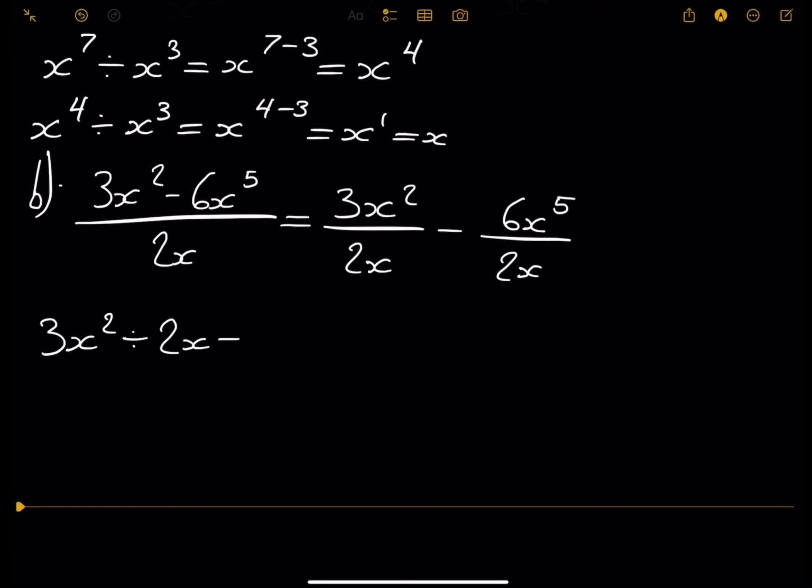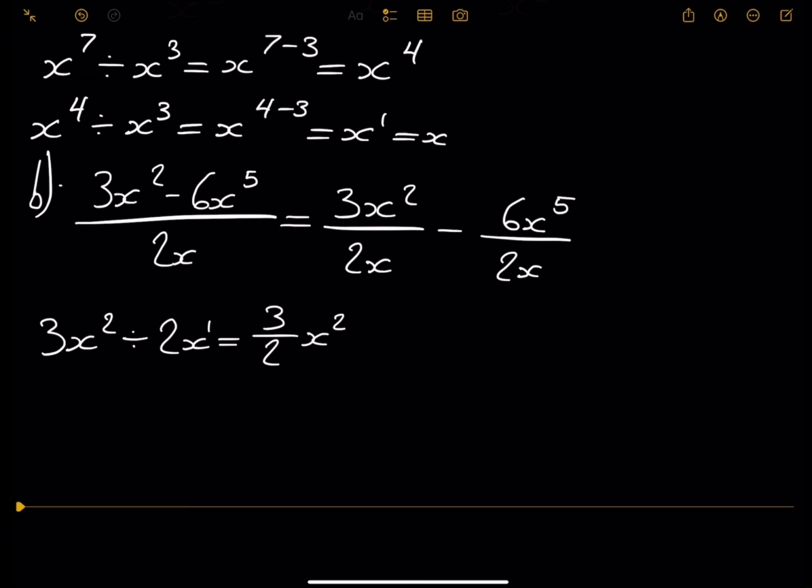So 3x squared divided by 2x: 3 divided by 2 is 3 over 2 or 1.5, whichever you prefer, multiplied by x raised to the power 2 minus 1, since there's a 1 there.